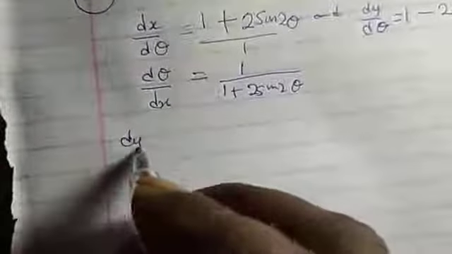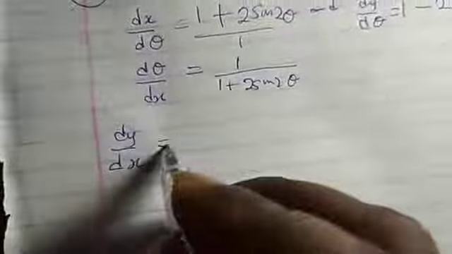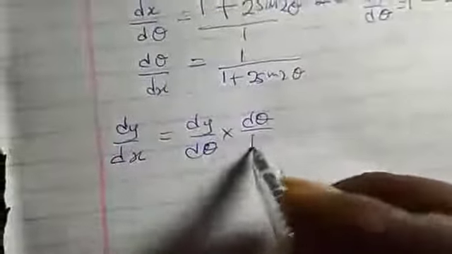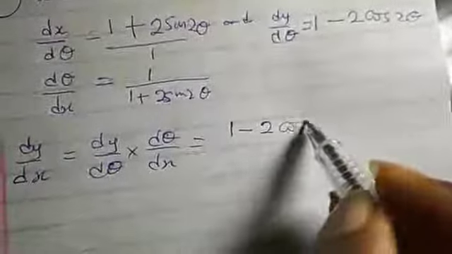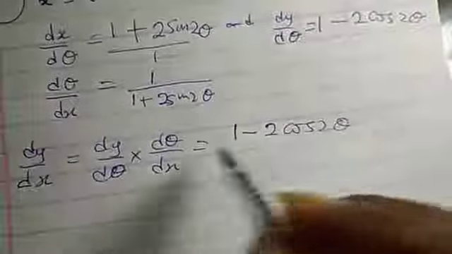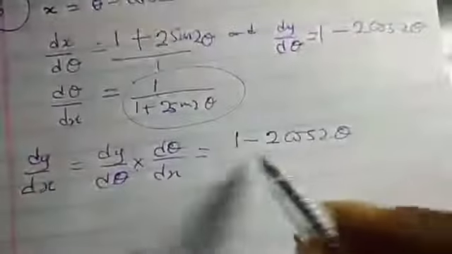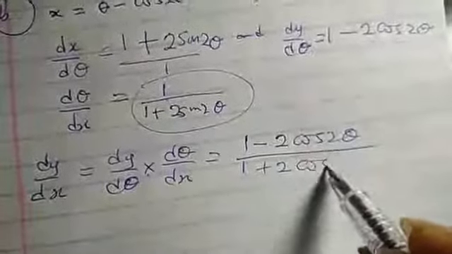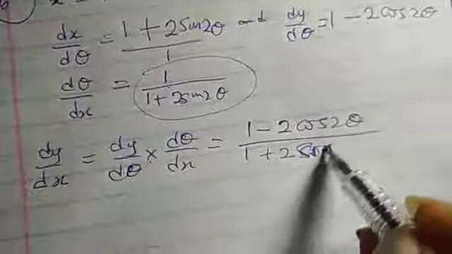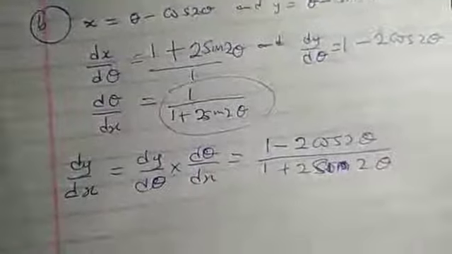From that place, our dy/dx will now be equal to dy/d theta times d theta/dx. Our dy/d theta is 1 minus 2 cos 2 theta, times d theta/dx, which is just over 1 plus 2 sine 2 theta. So that is the differentiation of the parametric equation.